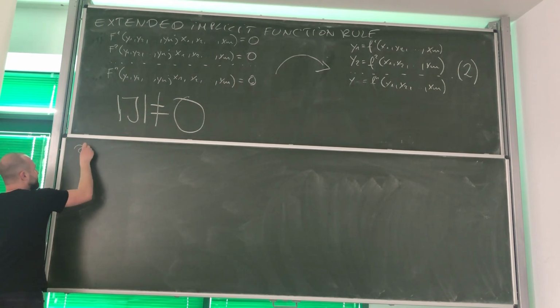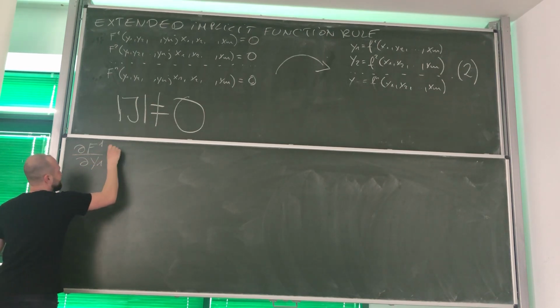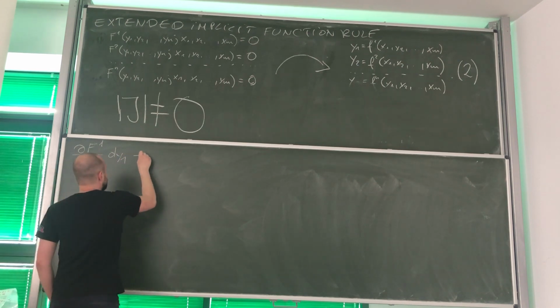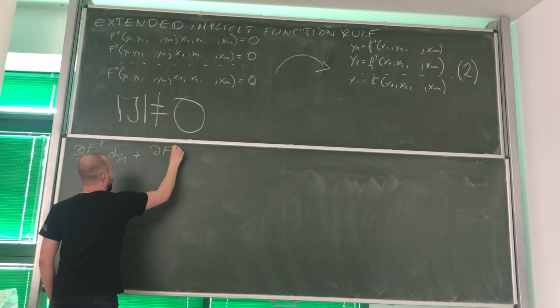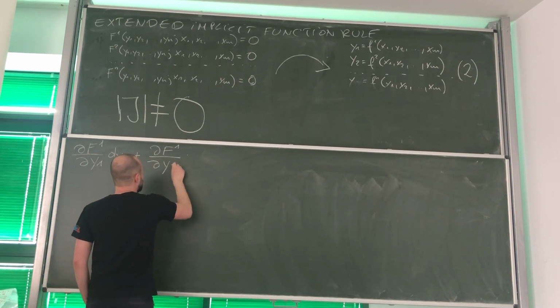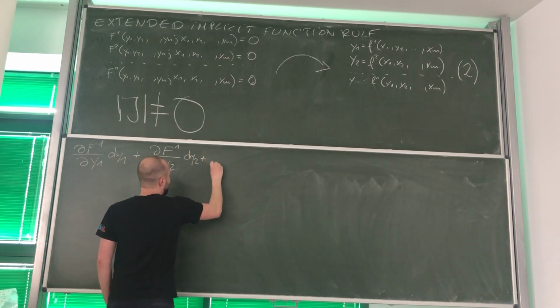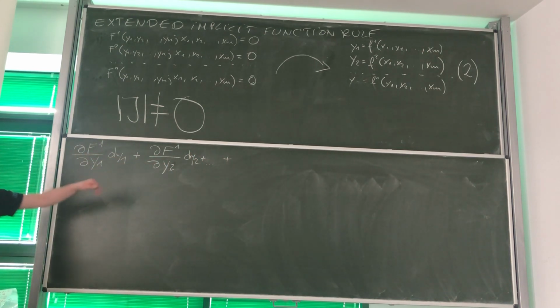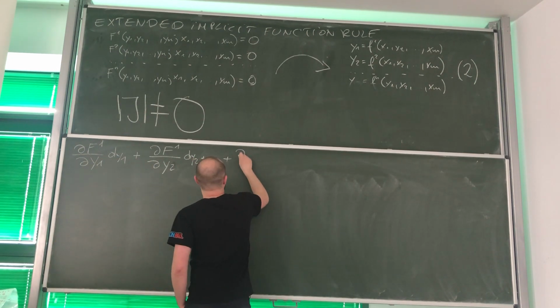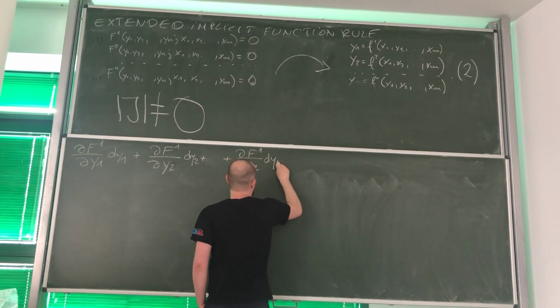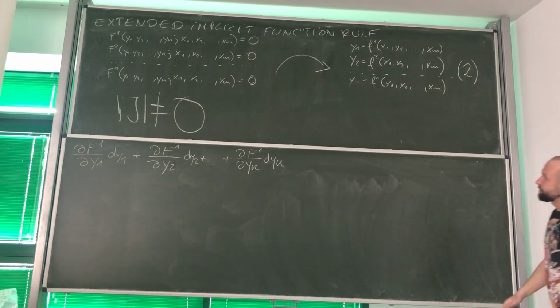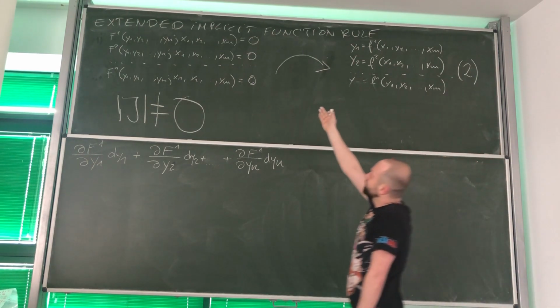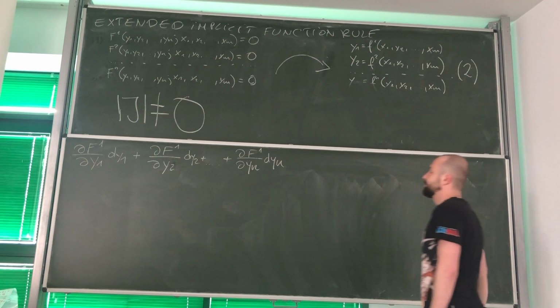So, I'm differentiating completely the first equation. Here I will have the partial derivative of f1 with respect to y1 times dy1, plus the partial derivative of f1 with respect to y2 times dy2. Then plus, we go on like this until we get to the partial derivative of f1 with respect to yn times dyn. But we know that this is not the only source of change. The second source of change is associated with variables x.